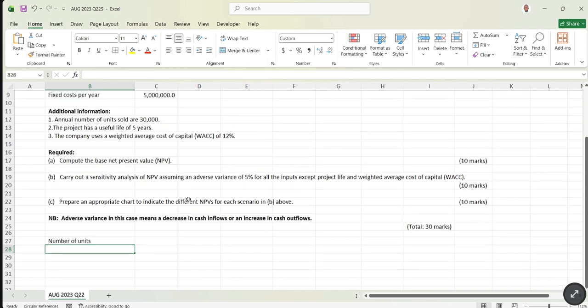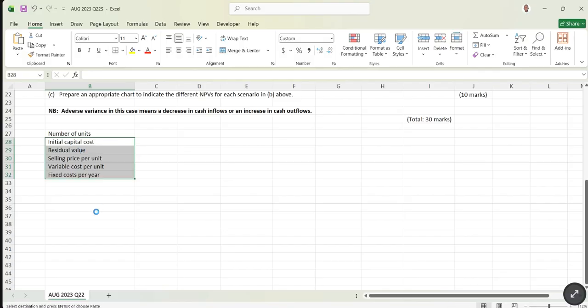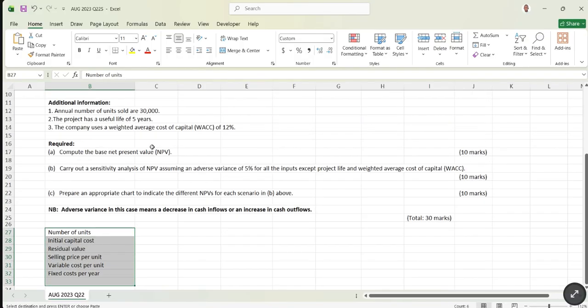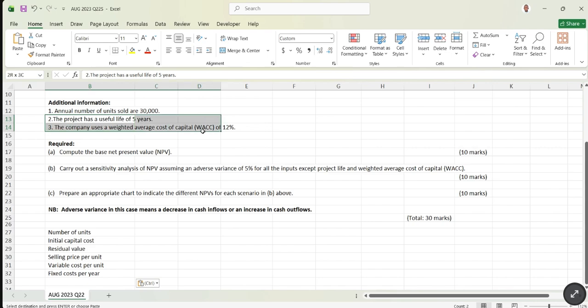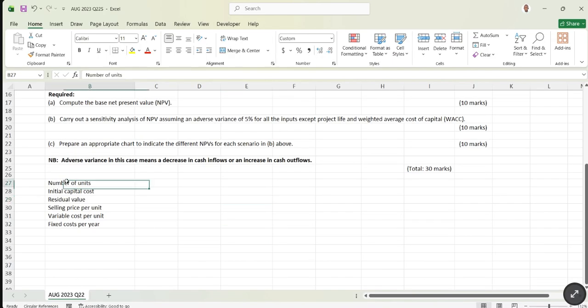The initial cost, all these ones are also changing. Remember, they have said that the adverse is by 5%. All the inputs except the project life, which is 5 years, and the weighted average cost of capital, which is 12%, are not changing, but the others are changing. This is what we need to see.